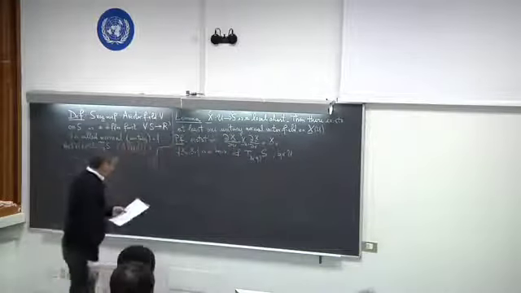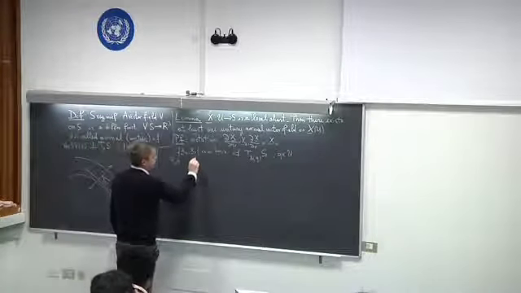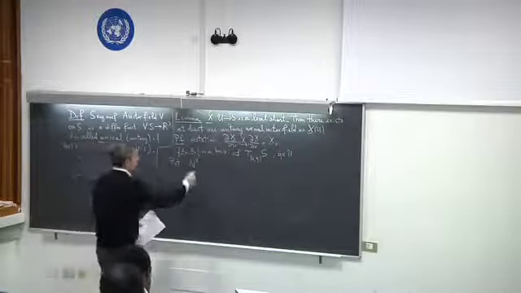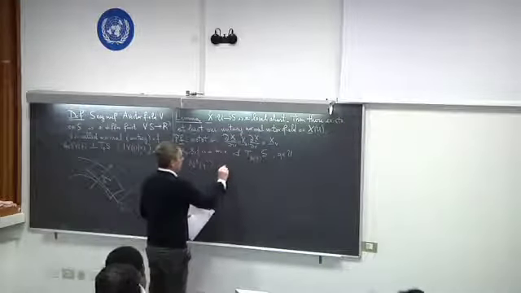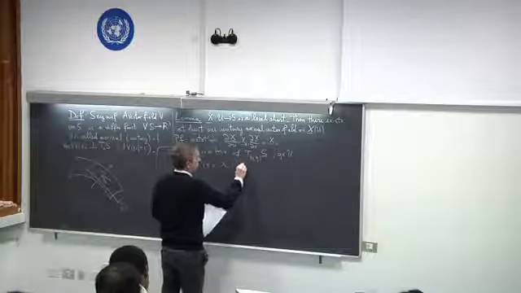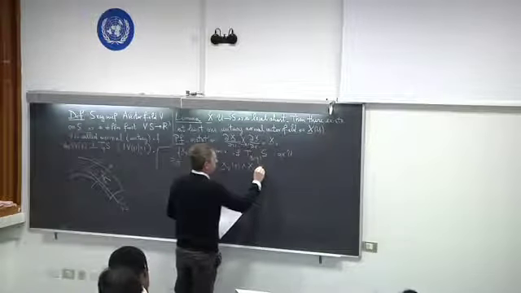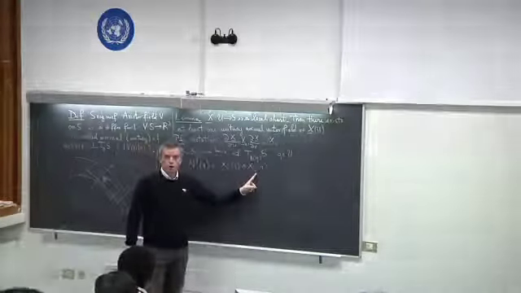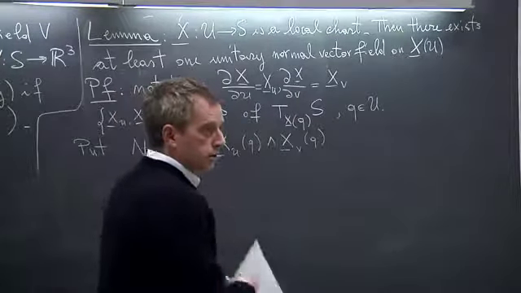Now, define a vector n, and let me put a superscript x, at the point Q of U, to be nothing but xu at Q wedge, so the cross product, the vector product xv at Q. Now, for what we said before, this is certainly a normal vector, but I want it unitary, so I divide it by its norm.